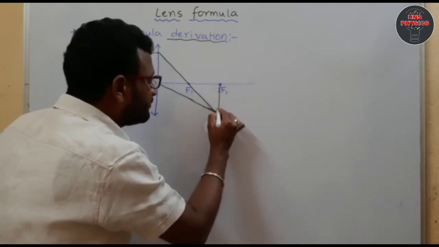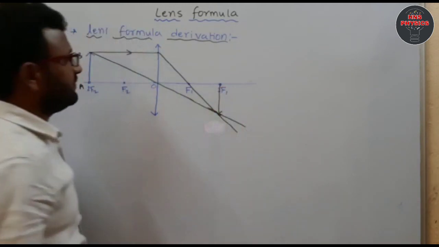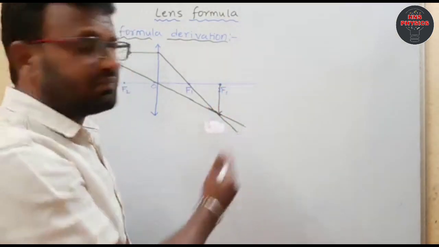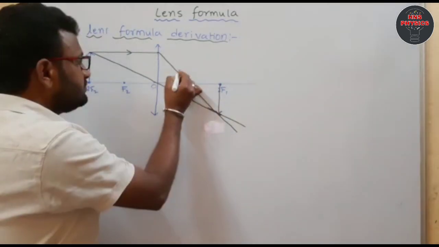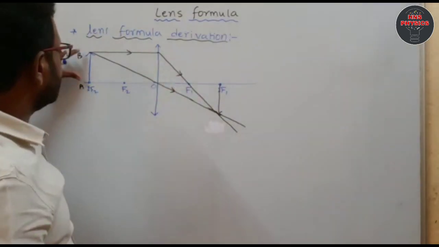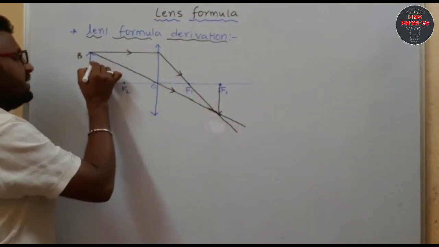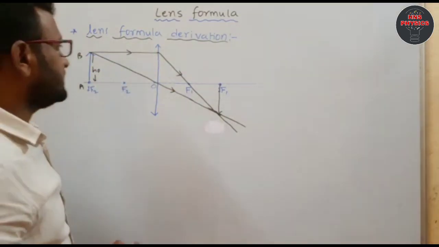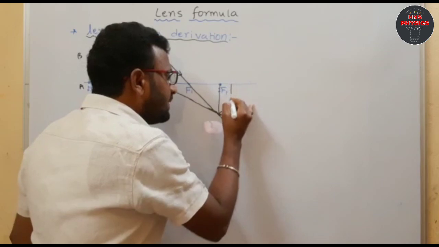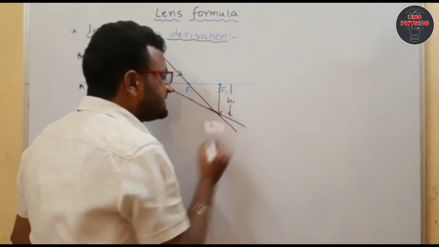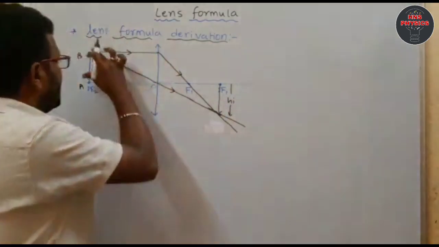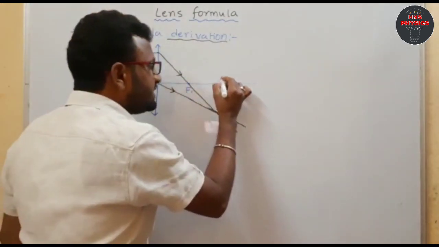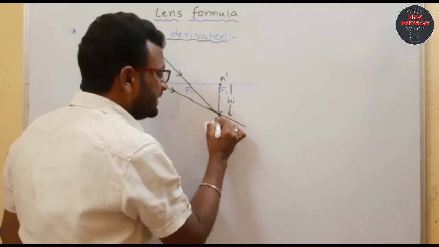After refraction, these two refracted rays meet at 2F1 on the right side of the lens. This is the object AB, and its height I am taking as h naught, and the height of the image is denoted by h. The image name is A dash B dash.